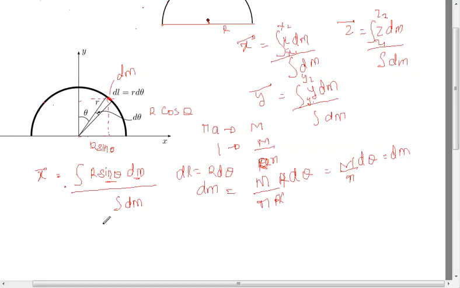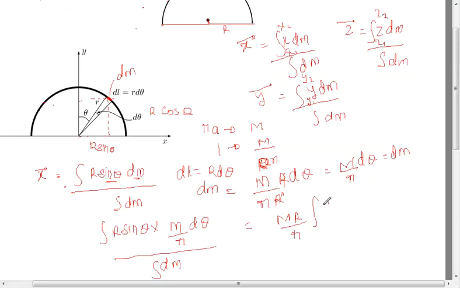We can write r sine theta, and I can write dm as m by pi d theta, divided by the integration of dm. If you look at this quantity carefully, it will become m r by pi, and this will become sine theta d theta.